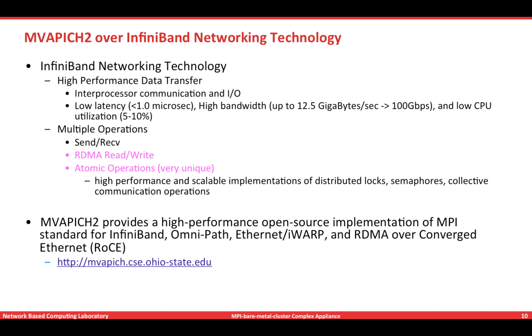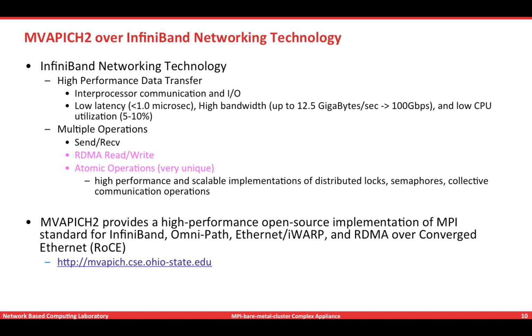InfiniBand networking technology. InfiniBand is a very popular high-performance network which has been widely used on Top500 supercomputers. InfiniBand provides high-performance data transfer. It can do inter-process communication and I/O in a very fast manner. It gives your application very low latency.